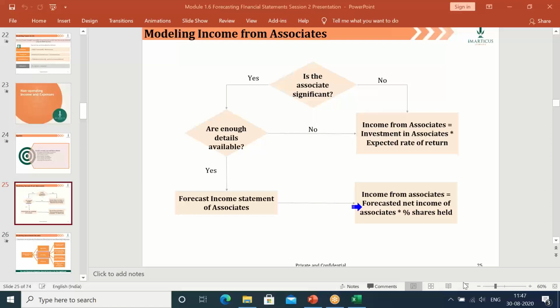That share price is used for calculating the market value of company A, because when I compute the market value of company A, I also need the current market value of its investment in company B, and there I use the share price. But when I am preparing the P&L and balance sheet, the share price value is not used anywhere, except for the MTM computation, which is more relevant from an income tax perspective.